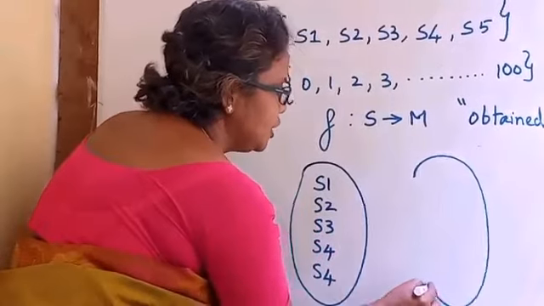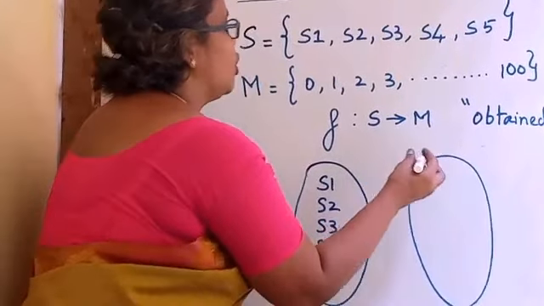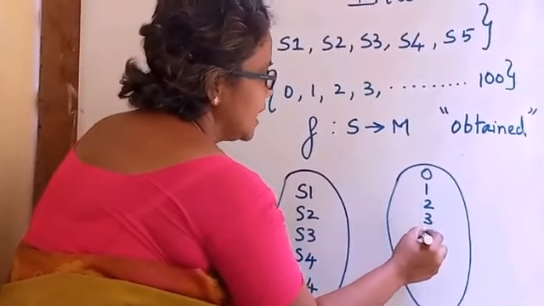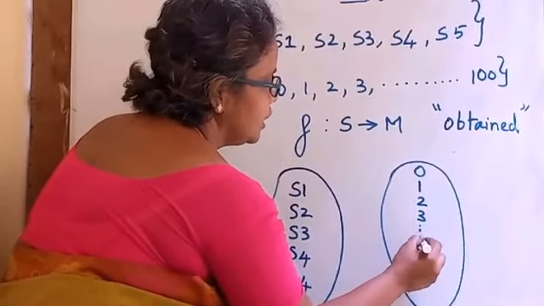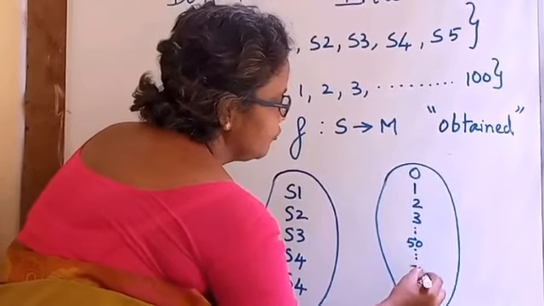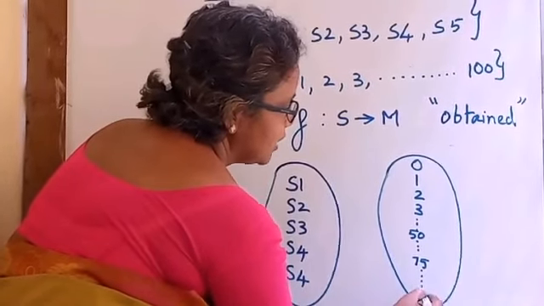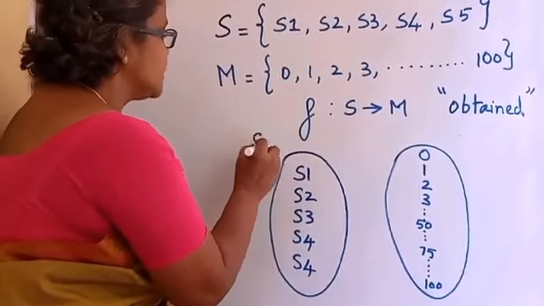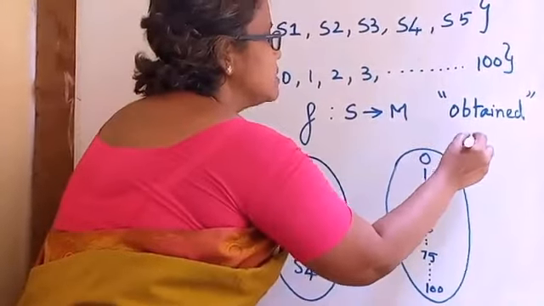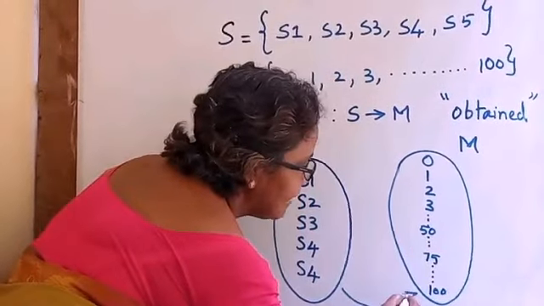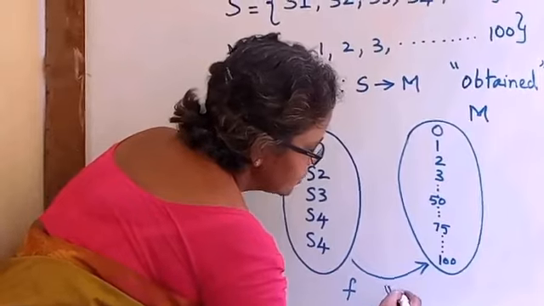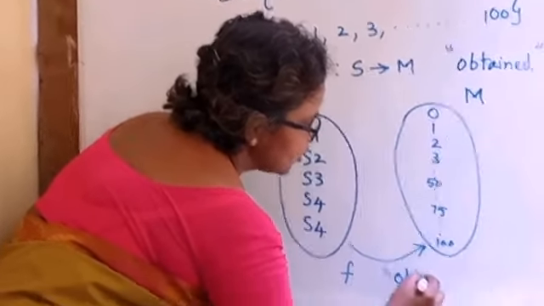I am going to define this function based on the codomain. You have 0, 1, 2, 3 and say you have 50 and then 75 and then 100. So this set, what is the name of the set? This is S and this is M, mapped by the function f. I will name this function as obtained.